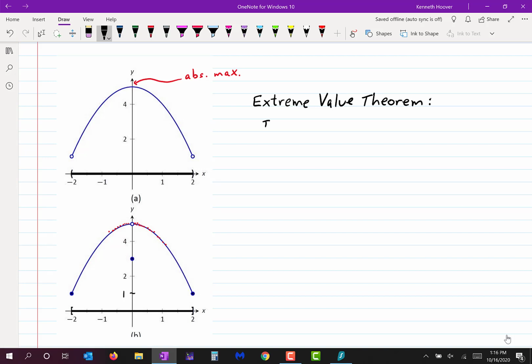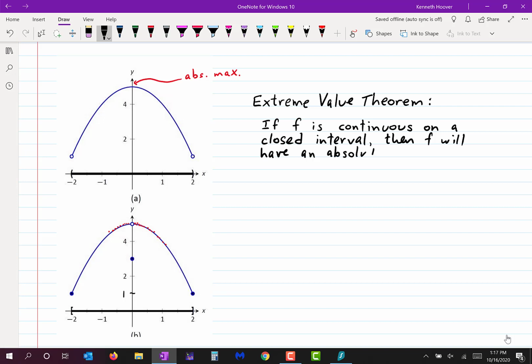It says if f is continuous on a closed interval, then f will have an absolute maximum and an absolute minimum on that interval.